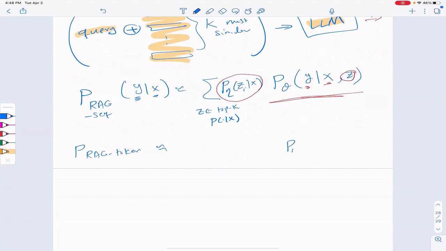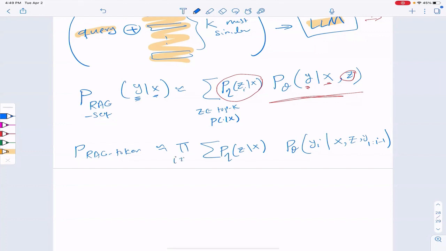So you're generating the next token using your model. The next token, token i, given X, given a particular relevant document, and given all of the previous tokens that have been generated, you multiply by the similarity, by the relevance of that document to your query, and then you sum it up.